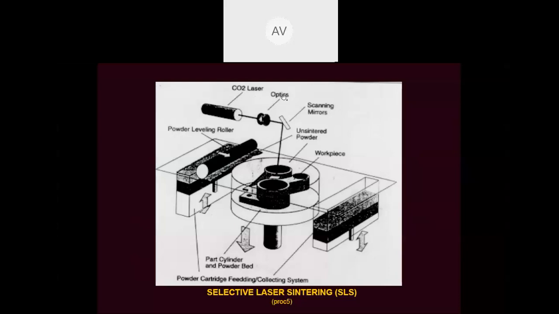Here optics are there for deflecting the laser, increasing the intensity and controlling the laser. Then a scanning mirror is there, so the optics will control the laser and it will pass through the scanning mirrors and reflect to the surface. This much part is clear.